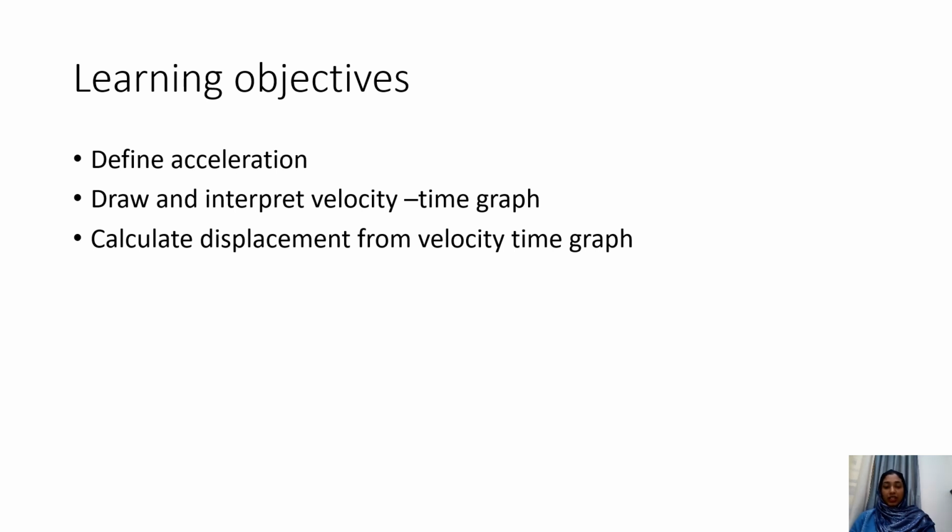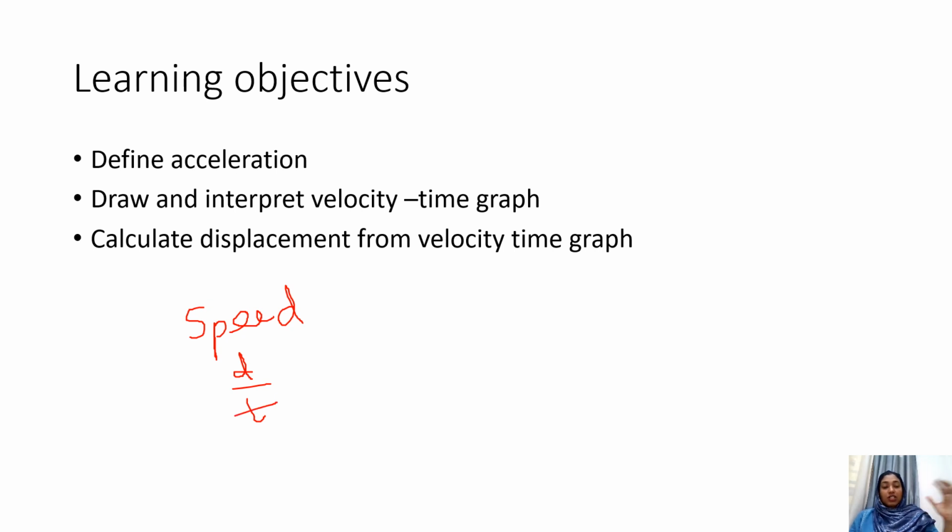So in the last class we had discussed speed and velocity. What is speed? Speed is nothing but distance over time. That is change in distance with respect to time. And it is a scalar quantity.